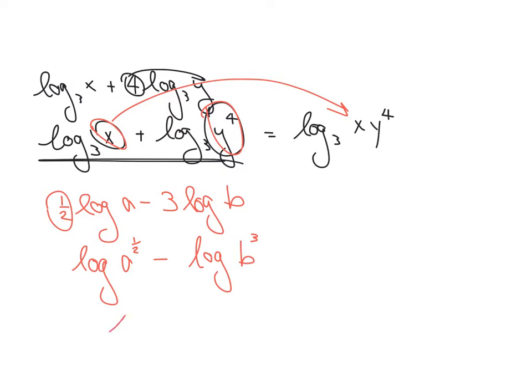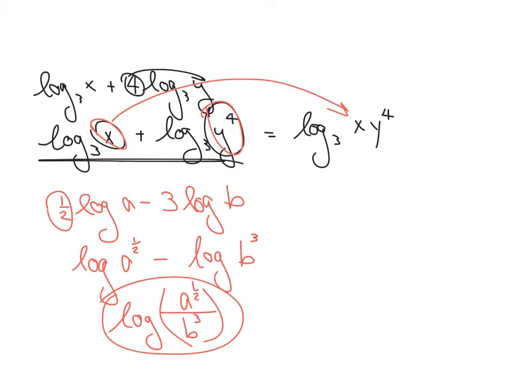So then I'm going to rewrite this as the log with no base, because the base is 10, it's not showing up there. And I'm going to take my a to the 1/2 and put it on top and put it over b cubed, put it in parentheses, and that is what I get there for B. And I do the same thing for C. Again, that's another division one. Okay, so I will close out 5.2b and start with 5.2c.